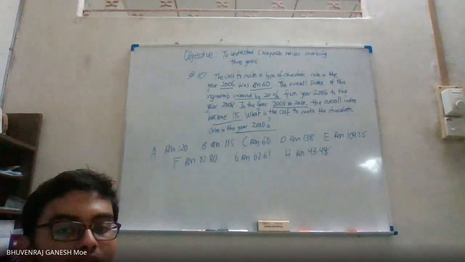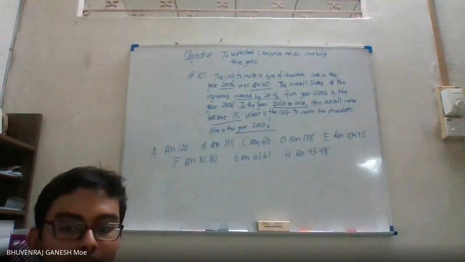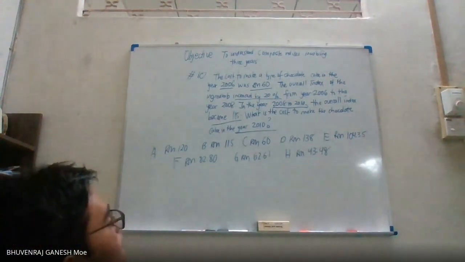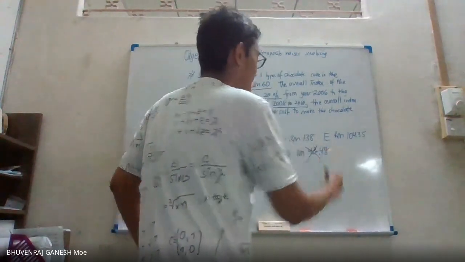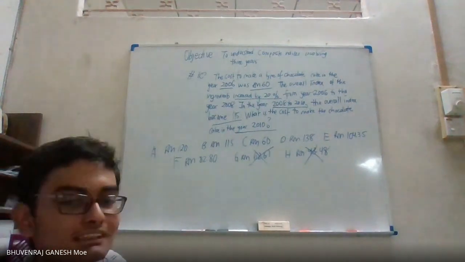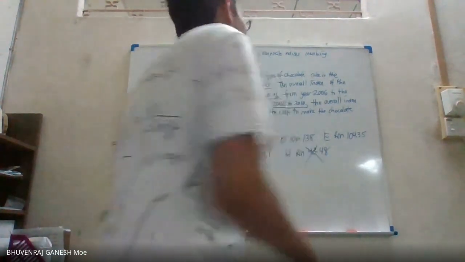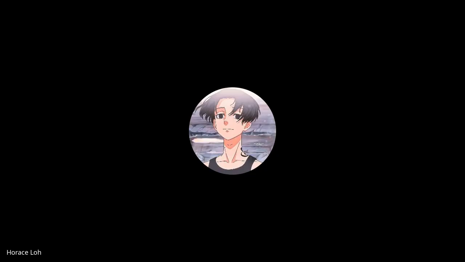If you see directly which options you think you can eliminate without any calculation based on the index they gave. The C and G and H, G and F. Yeah, good. So this is the left option. There are five more. C also actually, because C I just put there RM60. It cannot be 60 again.